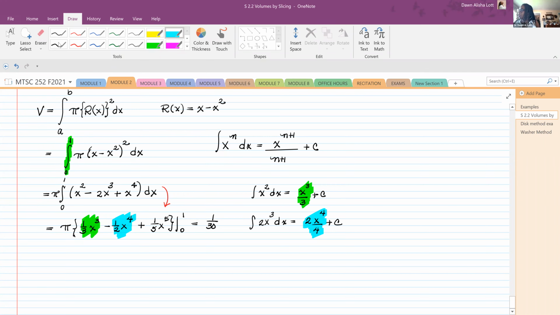And then the integral of x to the 4th dx gives me 1 over 5 x to the 5th. And that is how I get that piece. So those were the most general antiderivatives, and then I evaluated them between 0 and 1.